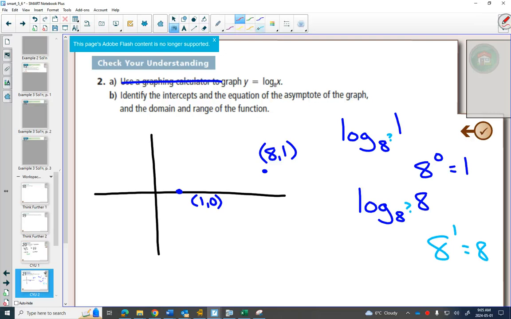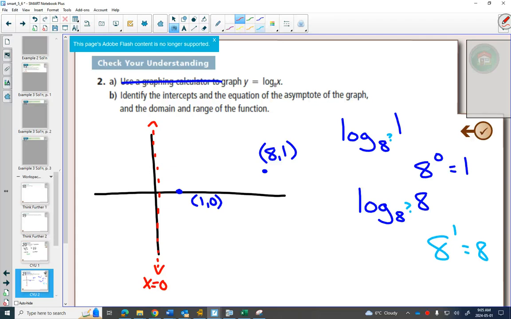Exponential graphs always had a horizontal asymptote at y equals 0. Logarithm graphs always have a vertical asymptote at x equals 0.